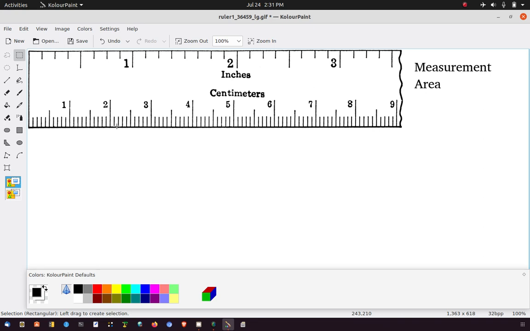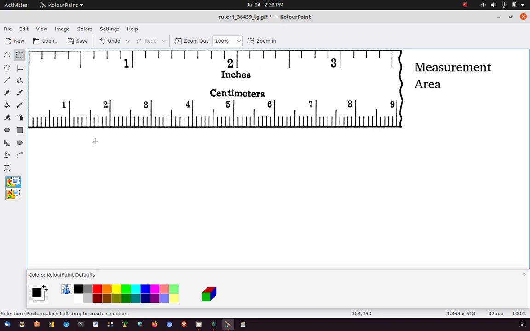You have inches, feet, yards, miles. You also have millimeters, centimeters, meters, kilometers. Now let's look at area.